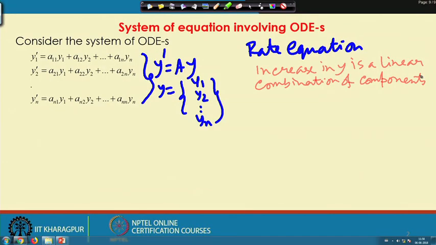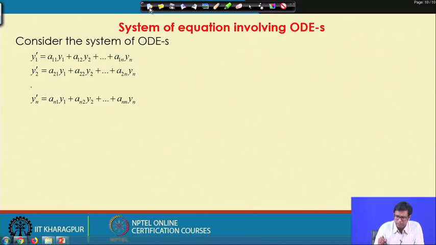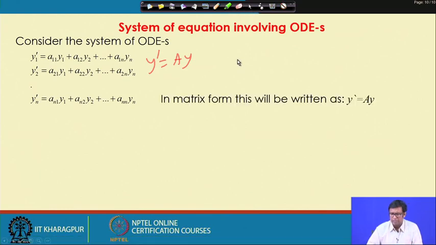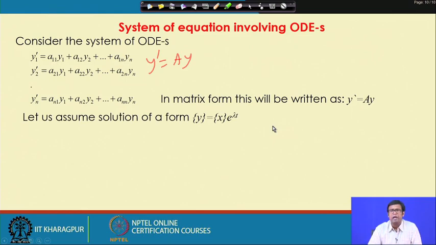So now we have an equation system which, as I wrote, can be written as y prime is equal to A y, in matrix form. Now the question is how to solve this equation system.